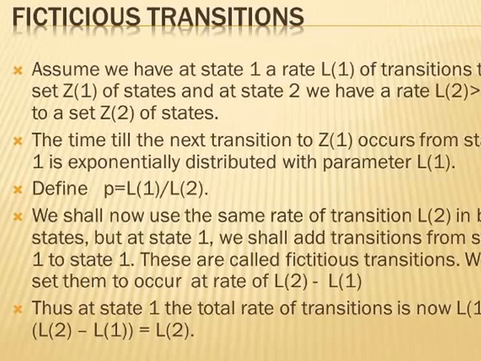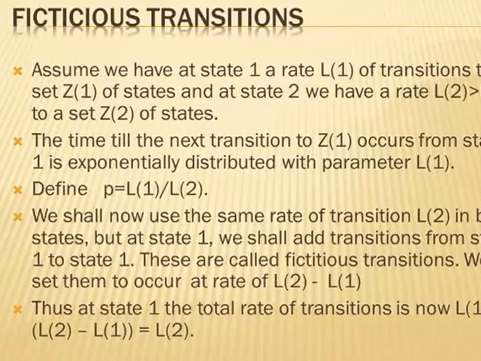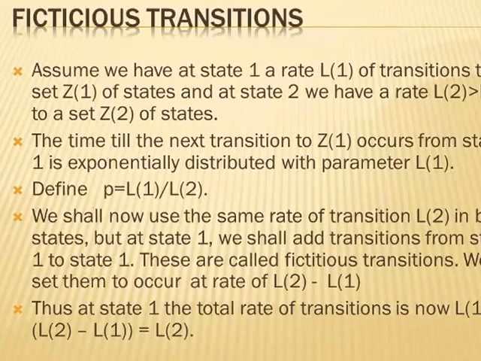So assume we have at state 1 a rate L1 of transitions to some set Z1 of states, and at state 2 we have a rate L2, which is larger than L1, to some other set of states Z2.